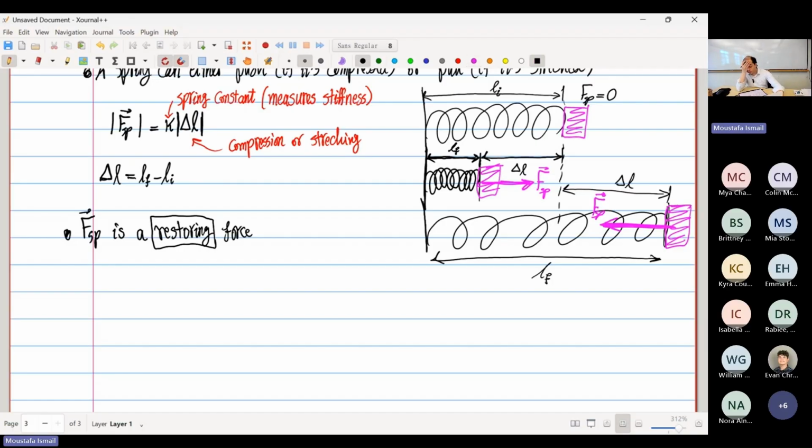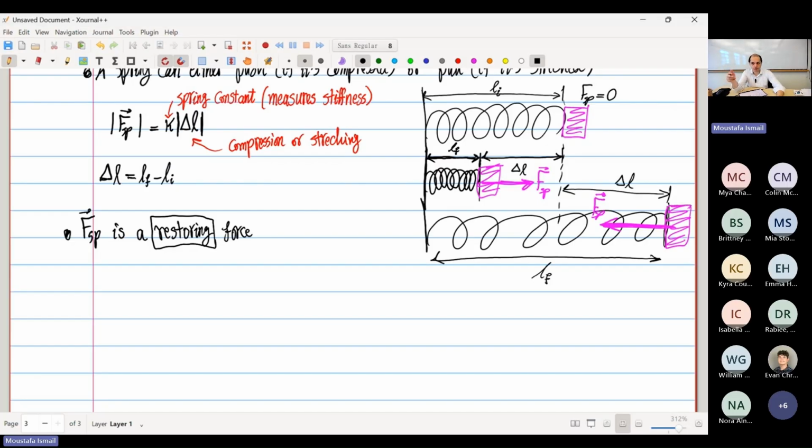Good. And then one final remark is that a spring doesn't always have to be a metal coil that can be stretched or compressed. This is only one type of spring. Basically, everything can be a spring. If you take a ruler and you bend this ruler, it tries to get back to its equilibrium position. So that's also a spring.